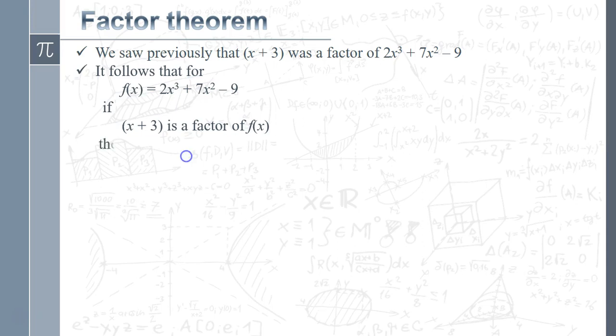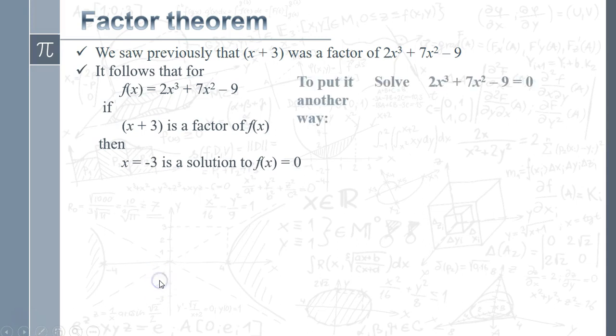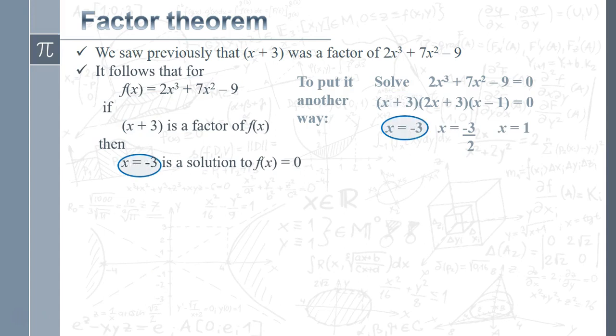i.e. if it goes in, then x equals minus 3 is a solution to the equation, which is to say that if we wanted to solve the equation 2x cubed plus 7x squared minus 9 equals 0, we could do some factorising. There's our factor of x plus 3, and from there we get x equals minus 3 being a solution.